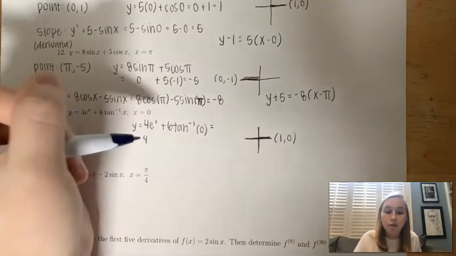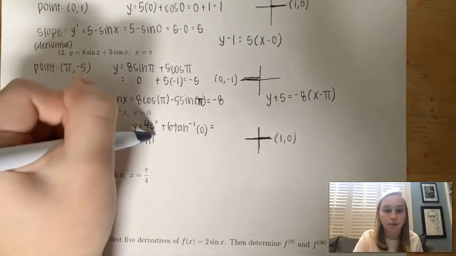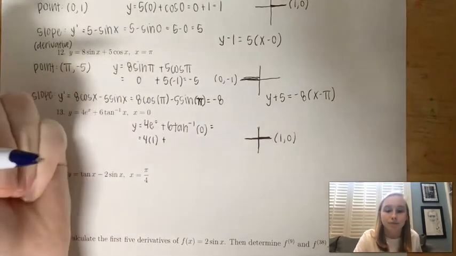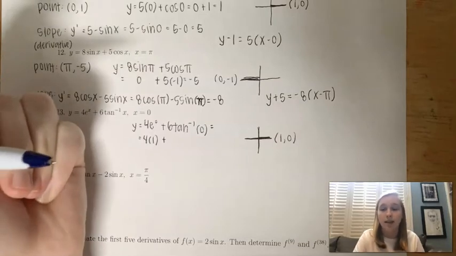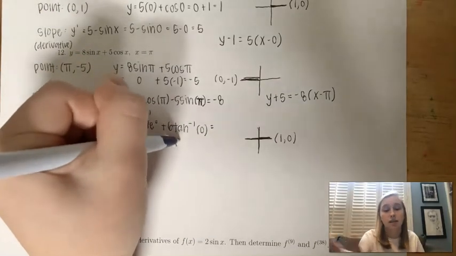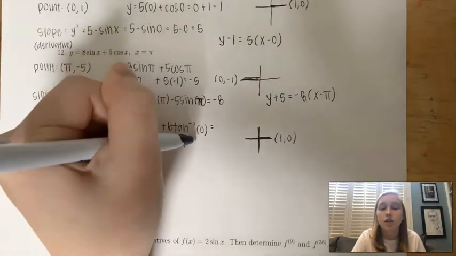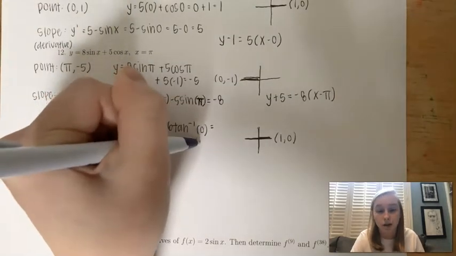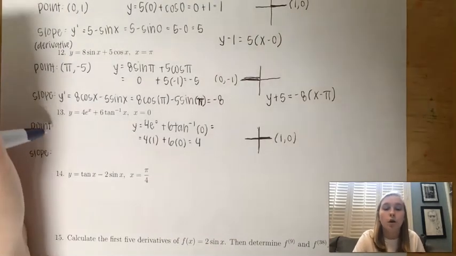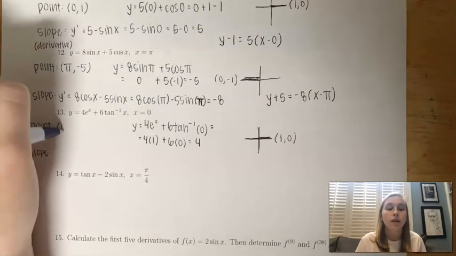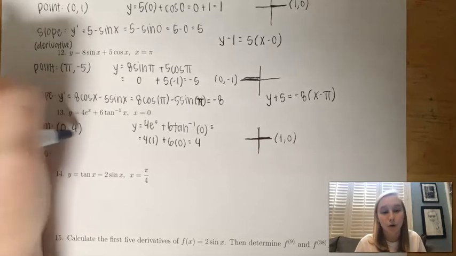So you're going to get 4 times 1, or just 4. Okay. So, as I said in that big, long, confusing explanation that has since disappeared, the inverse tangent of 0 equals 0. So you ultimately just get 4 as the y value of your point. So your point is 0, 4.